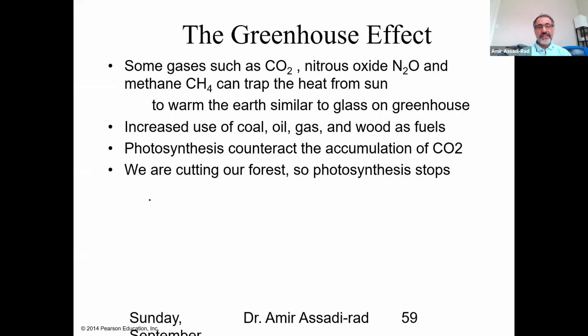The greenhouse effect is the last thing I want to mention in this chapter. I don't want to go over it for a lot of minutes. So some gases, that's what we are doing nowadays on planet Earth. We are releasing these gases into the atmosphere: carbon dioxide by driving cars, nitrous oxide and methane from factories. And then what happens?